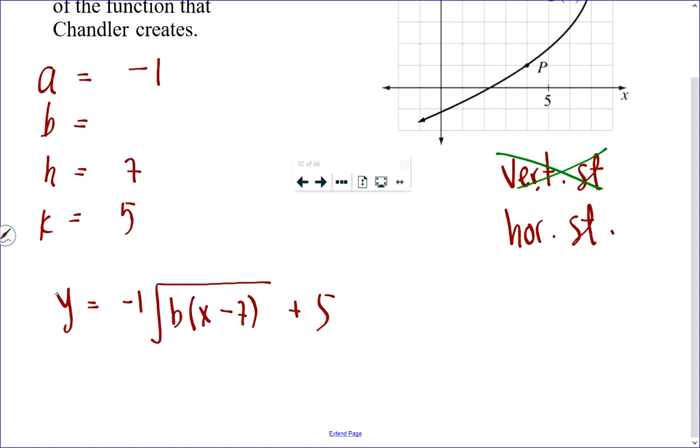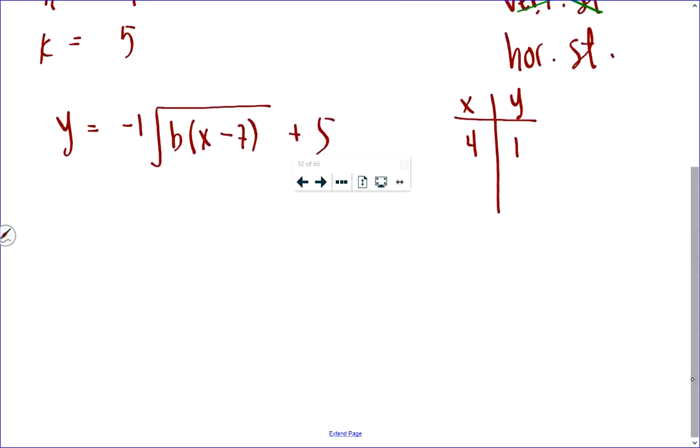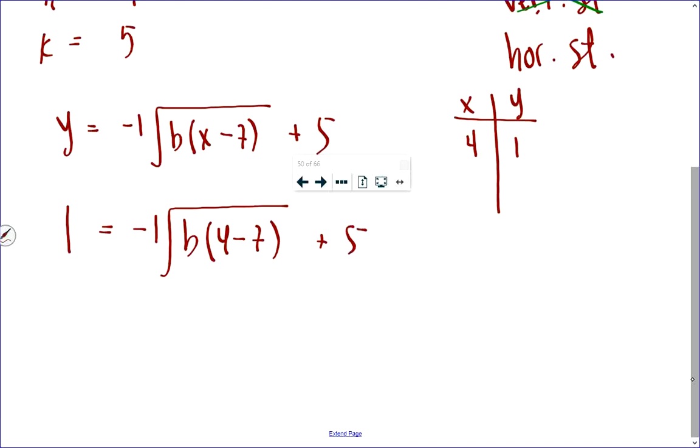And the ordered pair is still 4, 1. So what happens here? Let's see. We get 1 equals negative 1 root b 4 minus 7 plus 5. So I have 1 equals negative 1 times the square root of b times negative 3 plus 5.